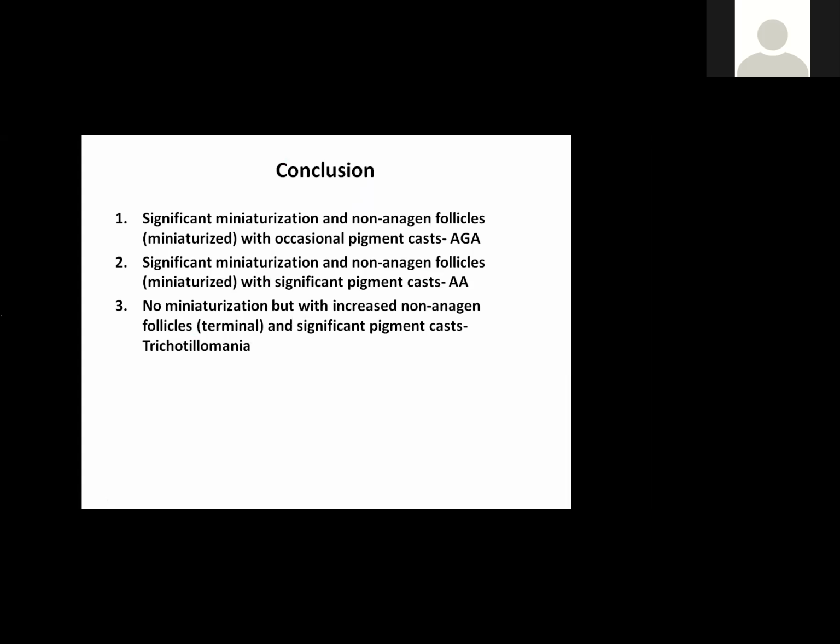If we see these features along with presence of pigment casts and trichomalacia, it's in favor of alopecia areata. And if we see trichomalacia and pigment casts, but without miniaturization of the hair follicles, then it's a feature in favor of trichotillomania.